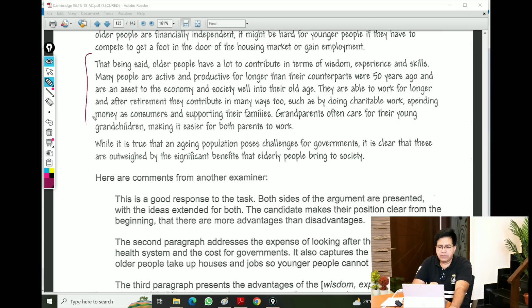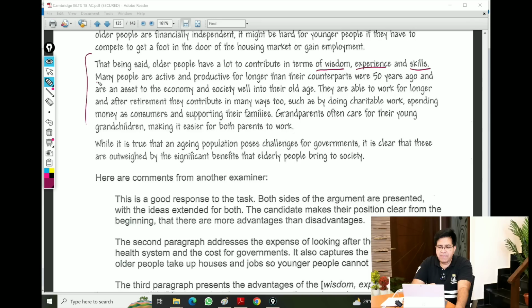Now let's go on to the next one, the second body paragraph. That being said, older people have a lot to contribute in terms of wisdom, experience and skills. So in one paragraph he's described the disadvantages first, and now there are advantages, right?